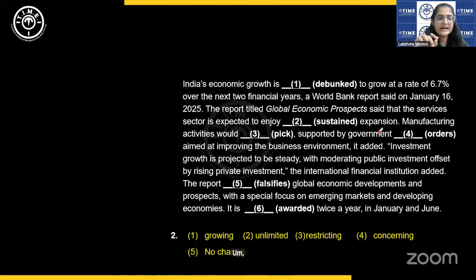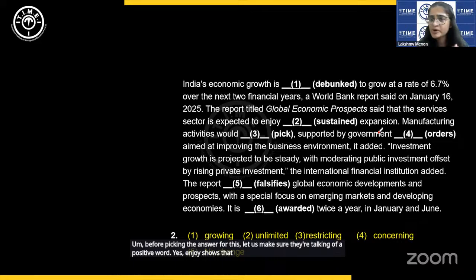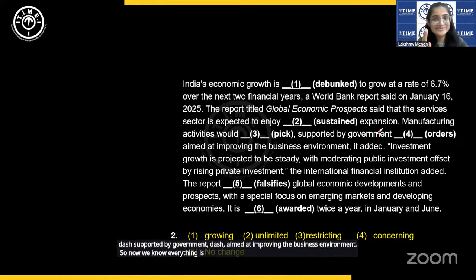Before picking the answer for this, let us make sure they are talking of a positive word. Yes, enjoy shows that it is a positive word. Just to be sure, manufacturing activities would dash supported by government dash aimed at improving the business environment. So now we know everything is positive. This is what I said. Before picking your answers, you need to get the overall tone and context of the passage.